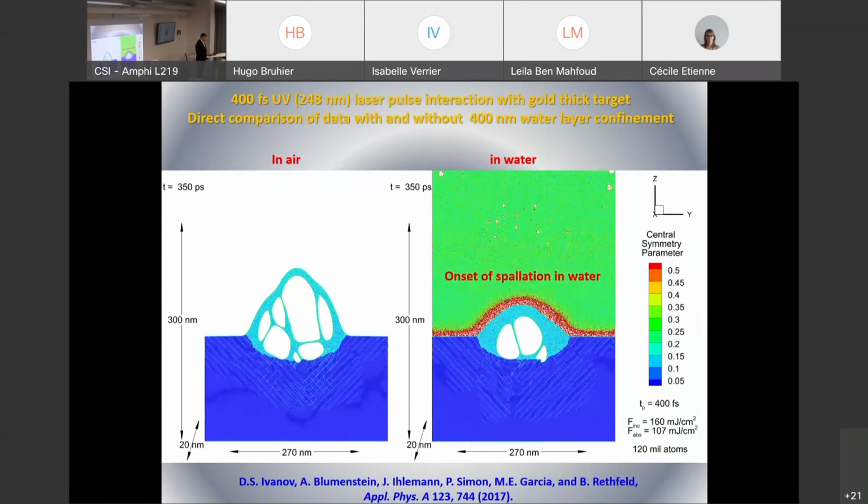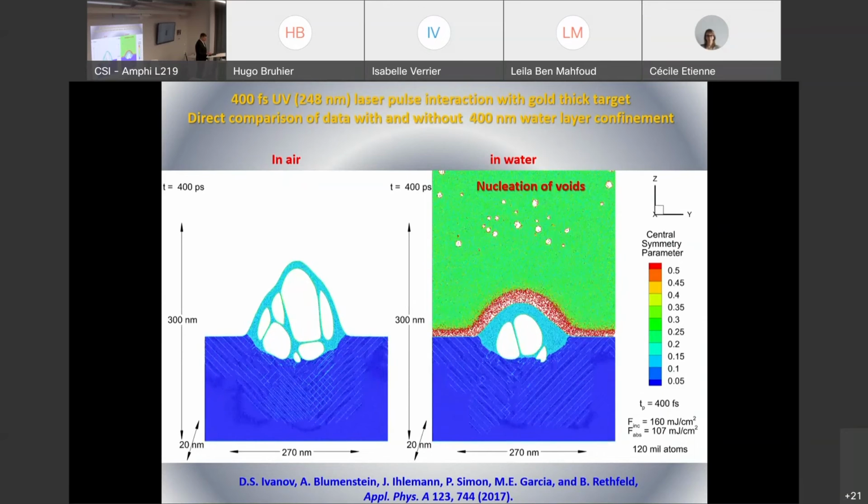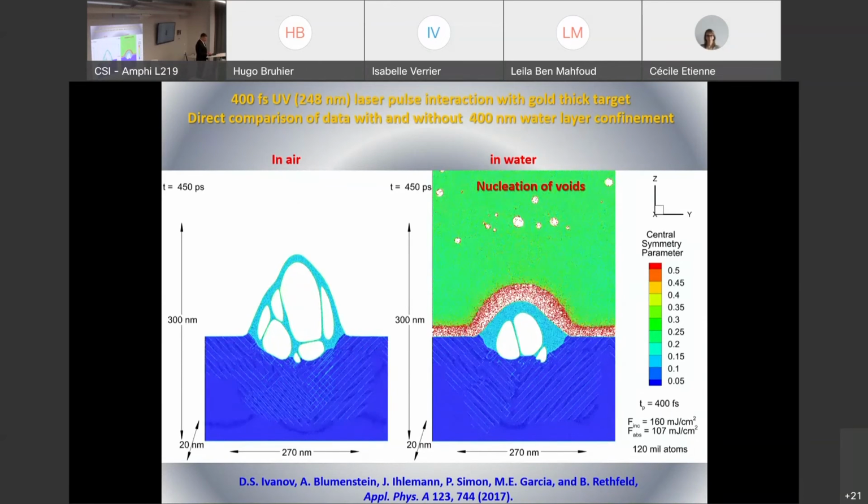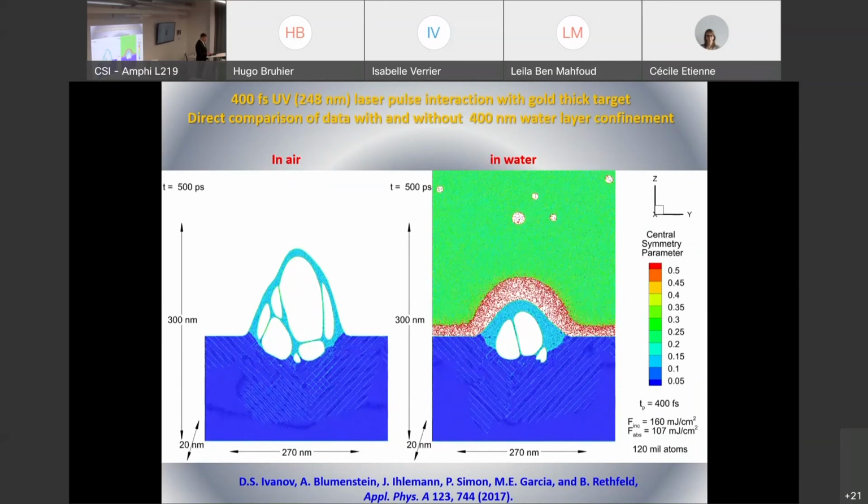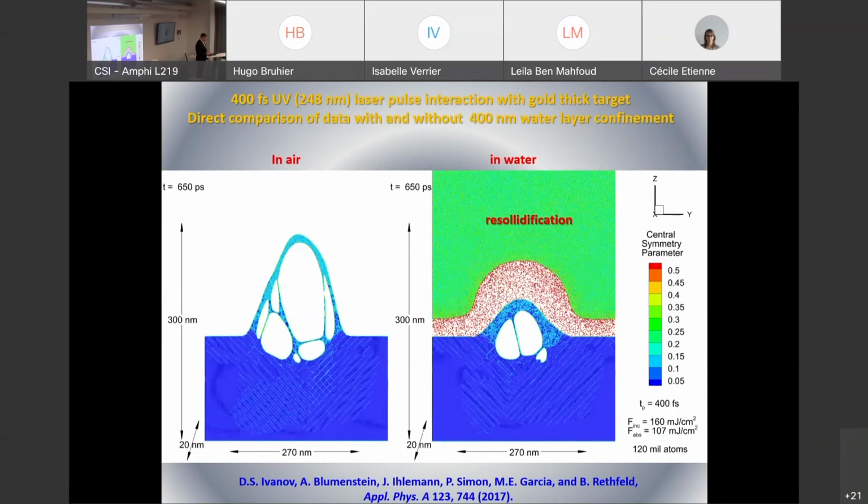So eventually, you can see that the structure takes a very correct shape, unlike the structure growing in air. And the solidification process is also faster. So already now, the structure is almost solid. In this one, the solidification process just started. You can see it by the appearing blue nuclei inside of the light blue color.